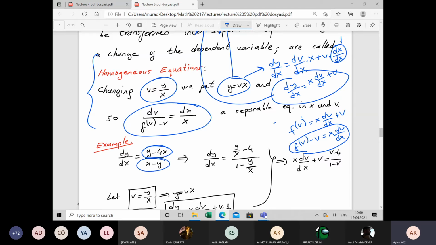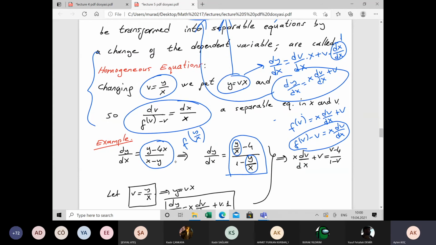So it is a first order differential equation, but be careful and look at the right hand side. Is the right hand side a function of y over x or not? Yes, rewrite it and it can be written in this form. So the right hand side is a function of y over x.